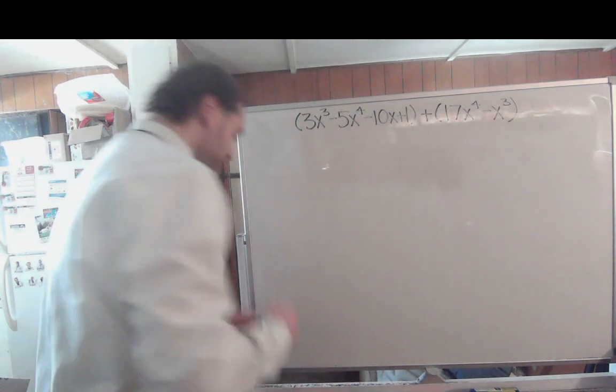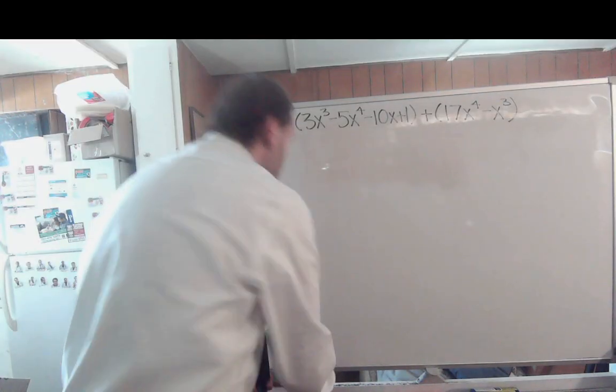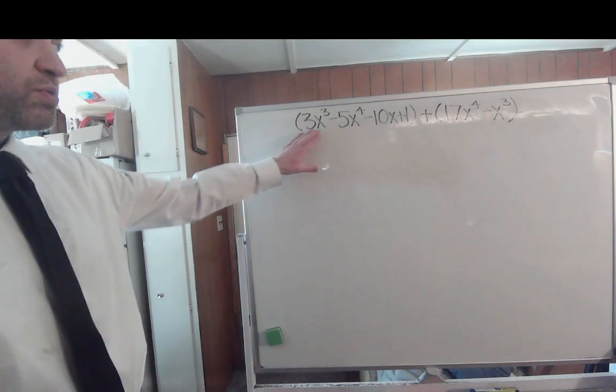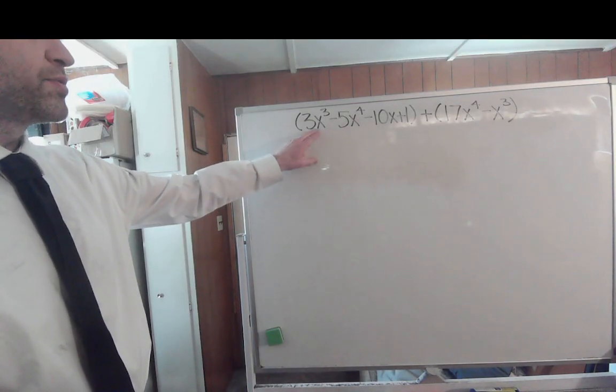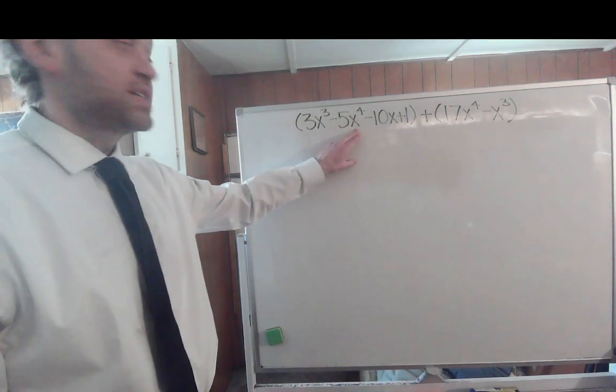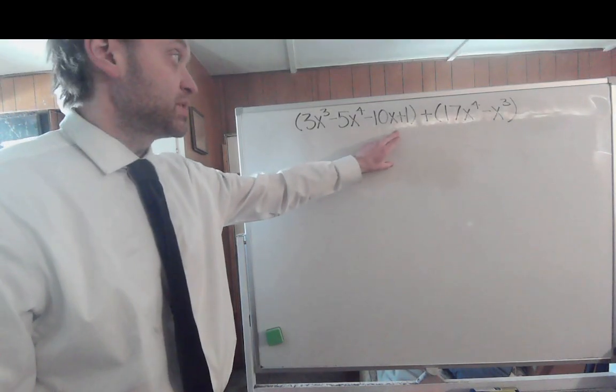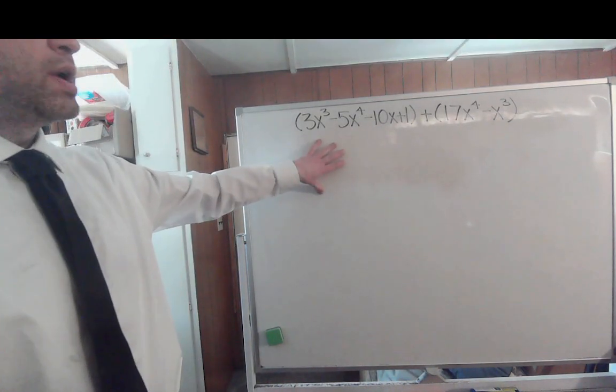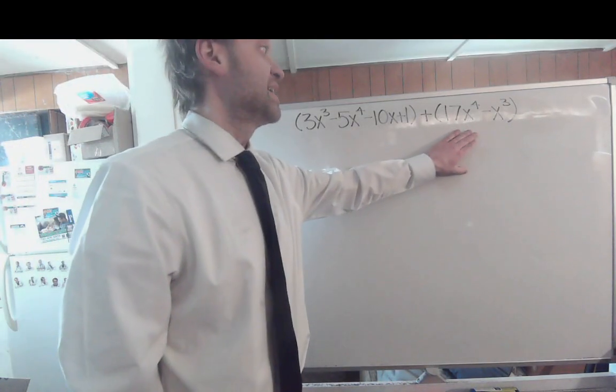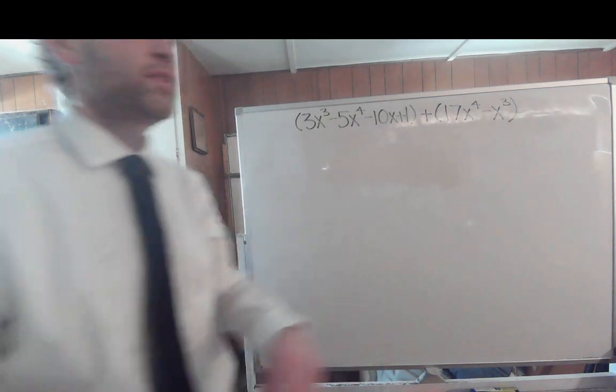All right, so you got two quantities here. So the first one's actually out of order. You have 3x to the third minus 5x to the fourth minus 10x plus 1. That whole quantity plus the quantity of 17x to the fourth minus x to the third.